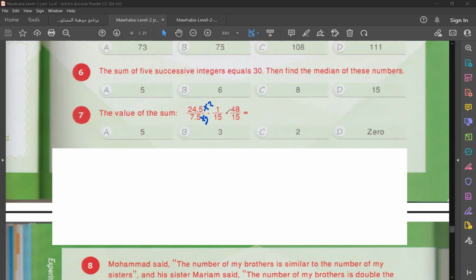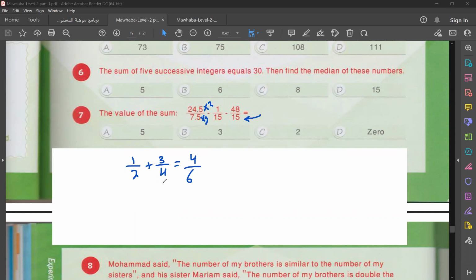In subtraction and addition of fractions, you must make the denominator the same. If I have 1 over 2 plus 3 over 4, is it correct to put 4 over 6?